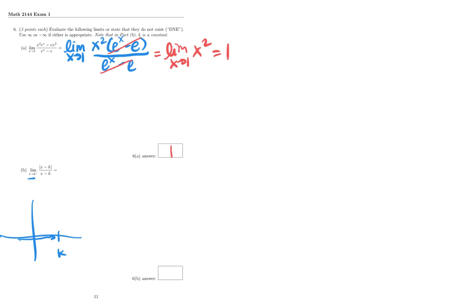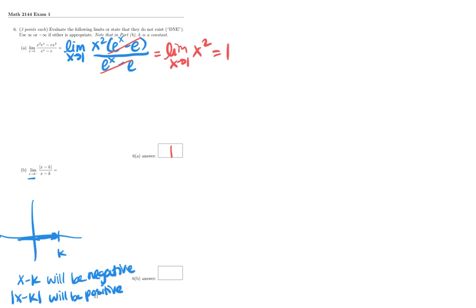So if I think about that, that means that x minus k will be negative because I'm plugging in x values that are smaller than k. And that means that the absolute value of x minus k will be positive when I take the absolute value of this.